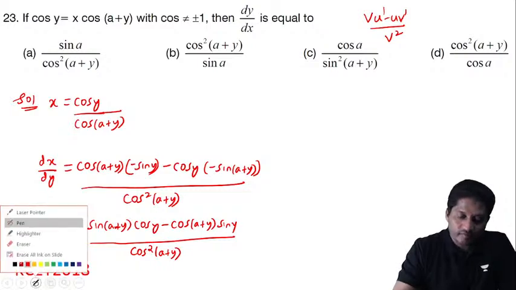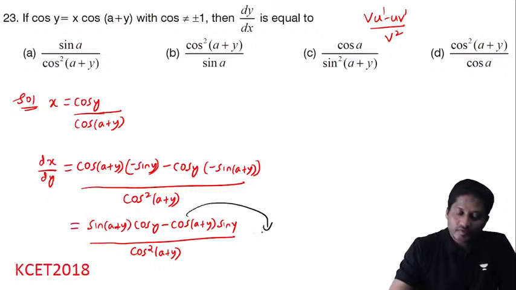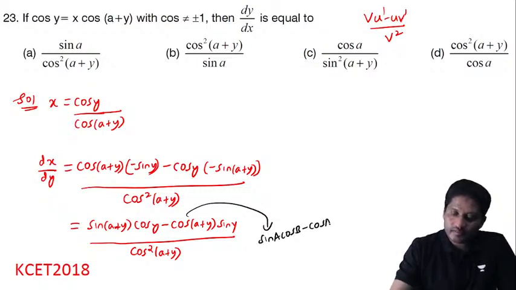Right, now this is of the form sine a into cos b minus cos a into sine b, equal to sine of a minus b.